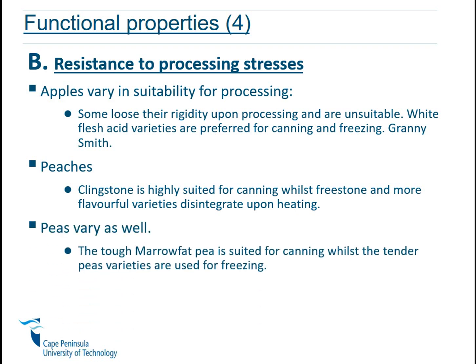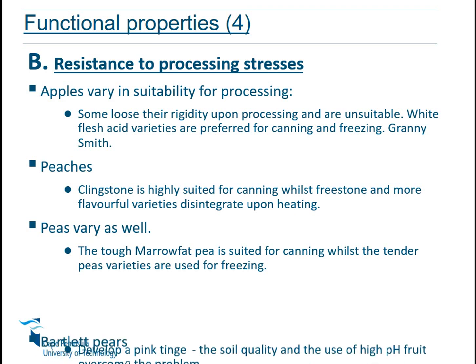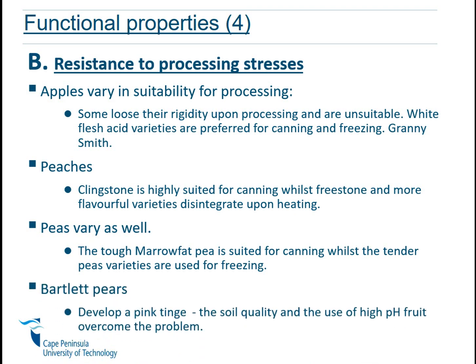Pears also vary well. You've got the tough marrow-fed pear, which is suited for canning, whilst the other tender varieties are used for freezing. You also have the Bartlett pears. These develop a pink tinge upon processing.